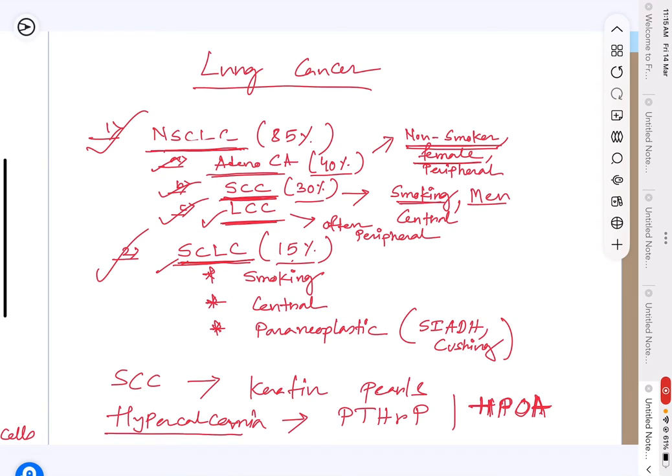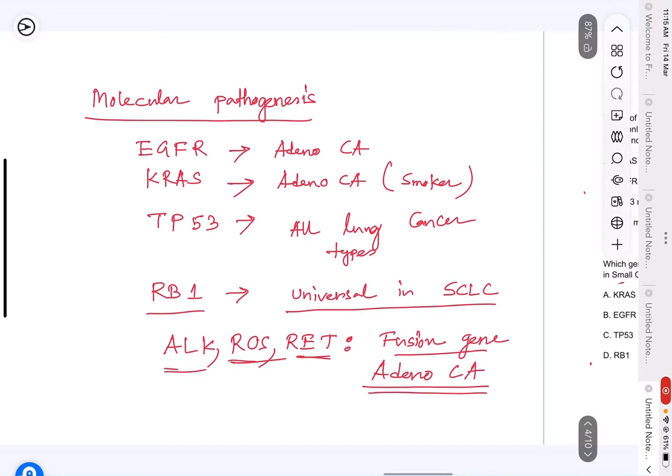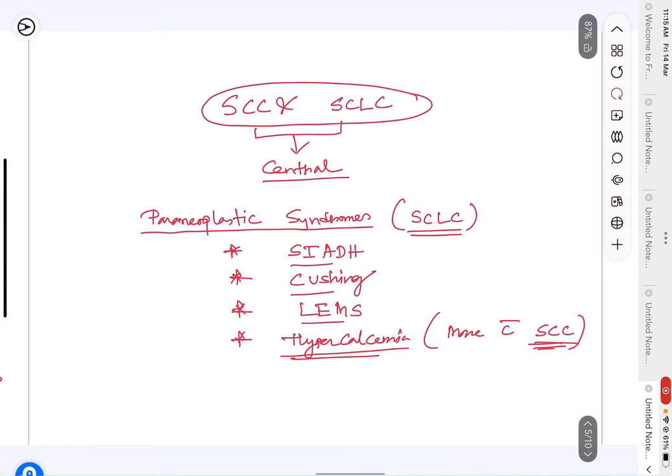And squamous cell cancer, small cell lung cancer, and large cell cancer, these three are associated with smoking. Of these three, squamous cell cancer and small cell lung cancer, SCC and SCLC, these two are central, whereas the other two, large cell cancer and adeno, are mostly peripheral.